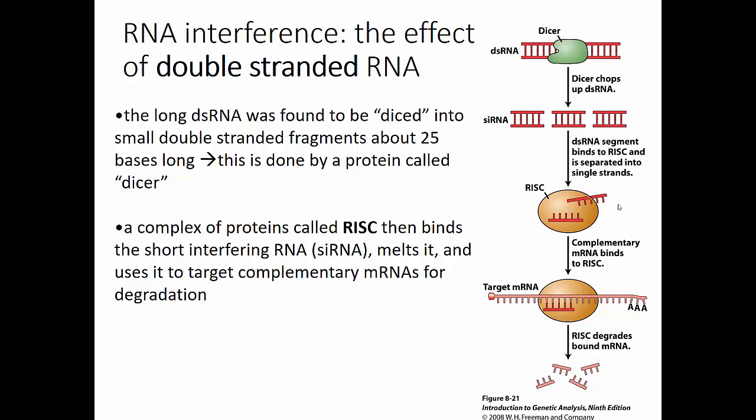Now, what RISC does is separate the two strands of that siRNA and use one of them as a guide to look for similar sequences of other messenger RNAs in the cell. Once a similar sequence is found, it base pairs with that siRNA, and this specific base pairing leads to the degradation of that messenger RNA.